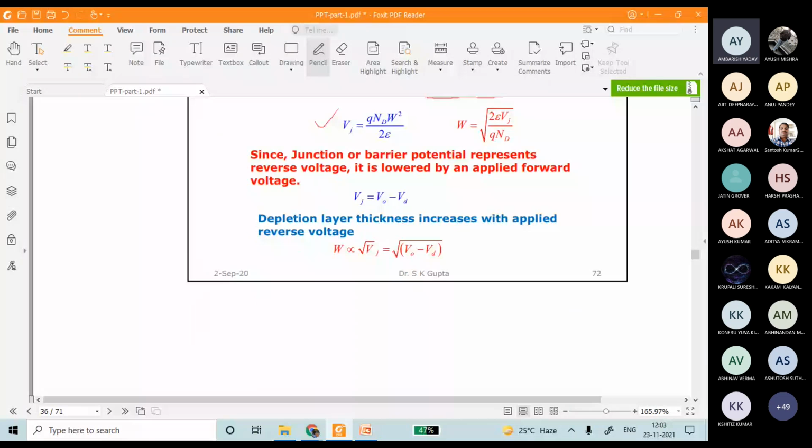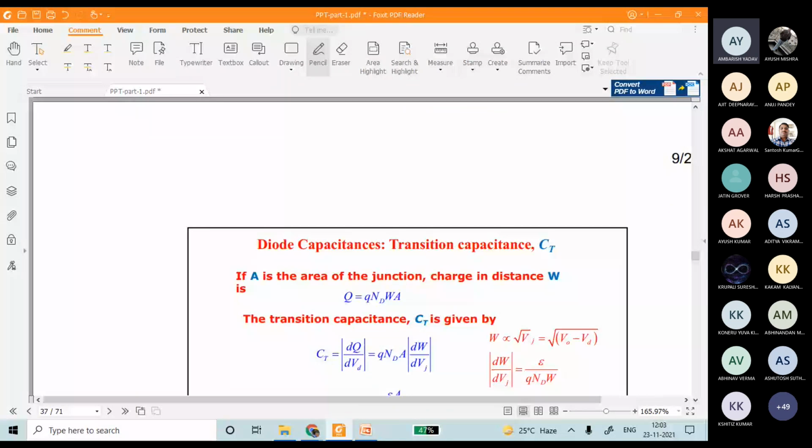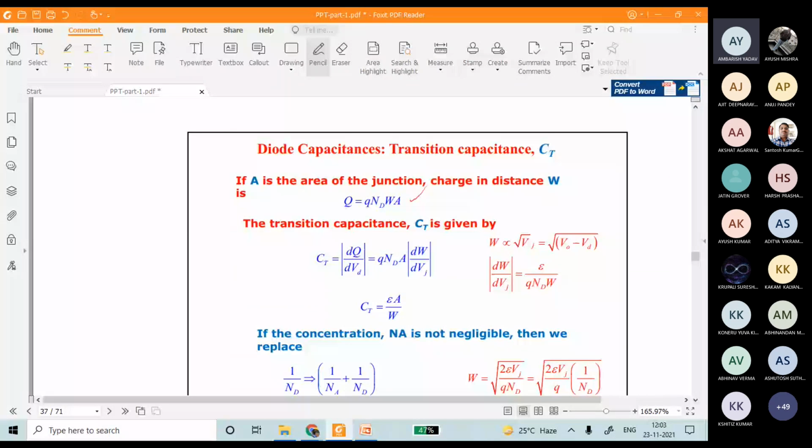Now this charge one can compute after knowing this W here, because we know the doping concentration, and if we know the cross-sectional area of this PN junction, then we can compute Q, and then we are in a position to compute this dQ by dV.